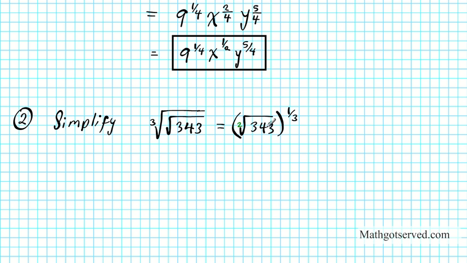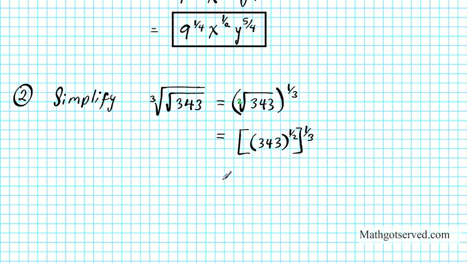And now using the nth root property in the interior again, this is going to become 343 raised to the 1/2, and then the whole thing raised to the 1/3. All right. Now we're going to use the power of a power property to resolve this radical. This power is out here, so we're going to basically multiply this power times that power on the inside. So we have 343 raised to the 1/6 power.